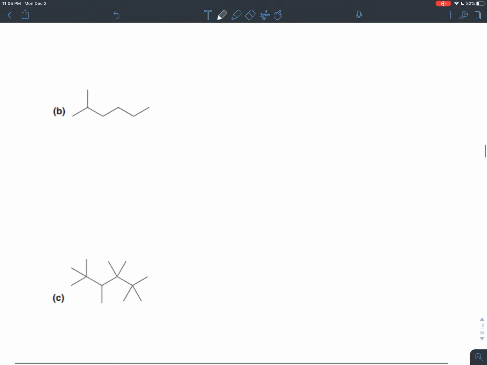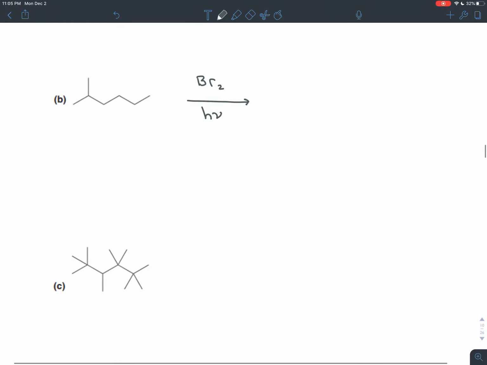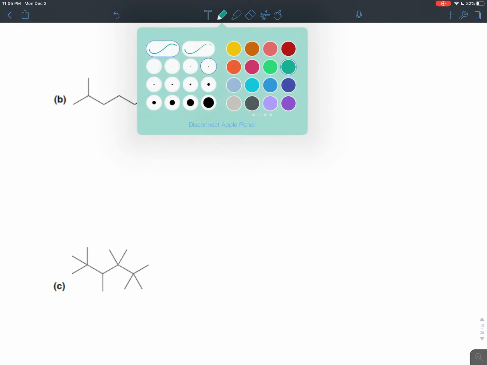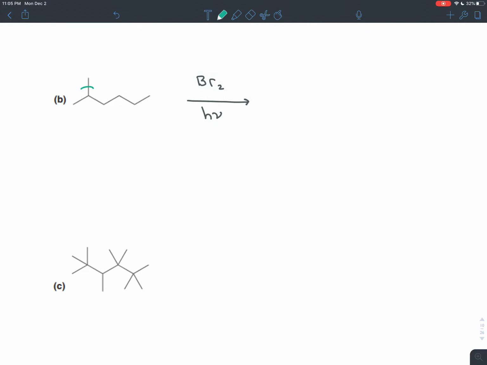Let's see if we can do this a little faster for these other ones. So we're doing radical bromination. We're treating this with molecular bromine in the presence of light, h nu. And what you're looking for is the most substituted position. Now really you would look for the allylic position if you have it, but we don't have any pi bonds here, so you're looking for the most substituted position that has a hydrogen. And that's this carbon here. That carbon is tertiary.